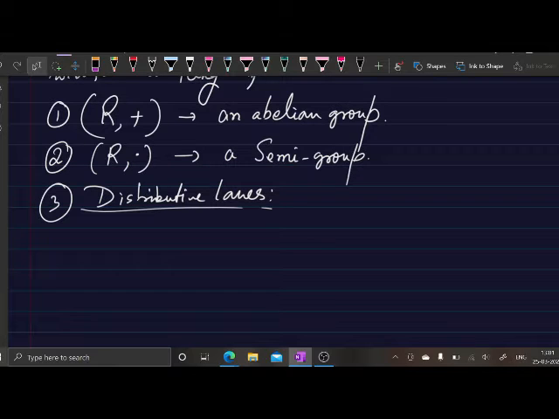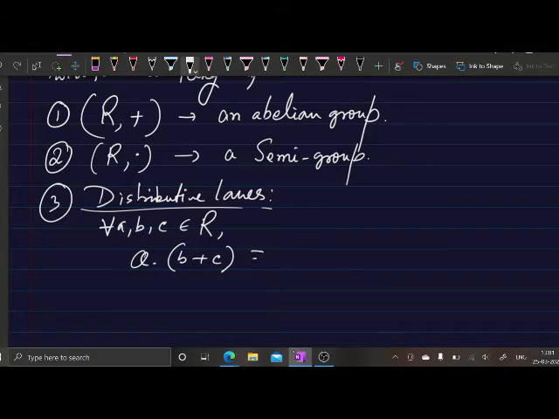Distributive laws means, suppose you take three elements, for all a, b, c belongs to R. Firstly, you take a dot (b plus c). Then this will be a dot b plus a dot c. This is the left distributive law.